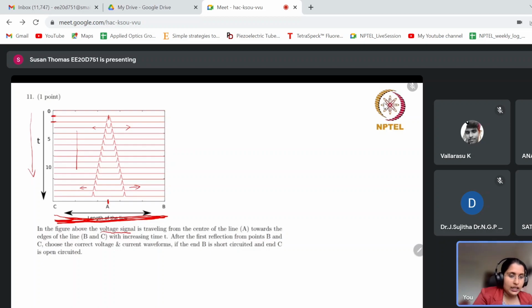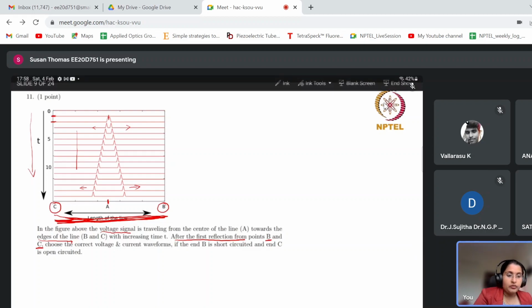This is basically a voltage wave. As given in the question, the voltage signal is traveling from the center of the line towards the edges of the line. One edge is B and the other edge is C. With increasing time, after the first reflection from B and C, there is a reflection at the boundary. When I say boundary, boundary is nothing but the edges.